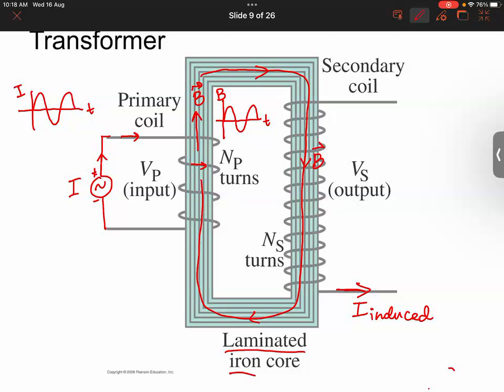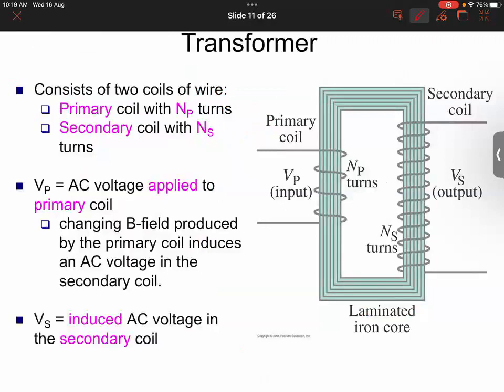They're just coiled around this loop, but it's like magic. If you apply current on the primary coil, current appears in the secondary coil. And that current is induced by the changing magnetic field that passes through the secondary coil. It's all because of electromagnetic induction.